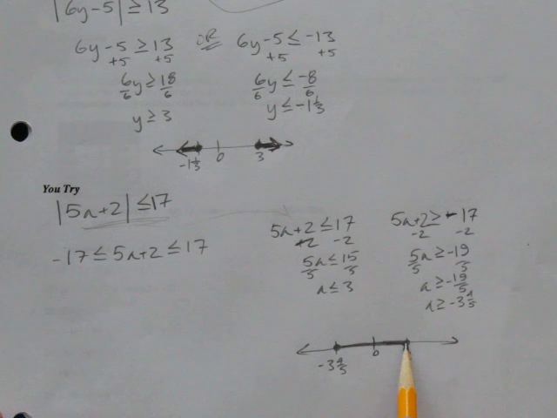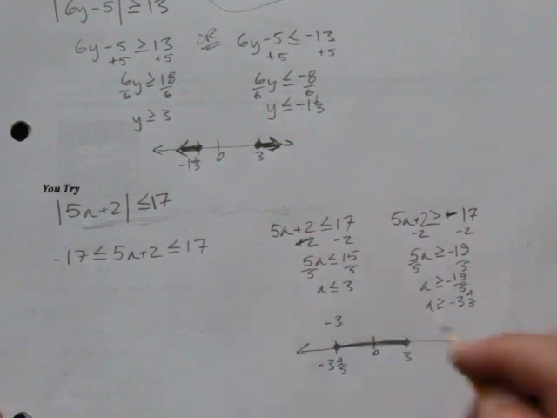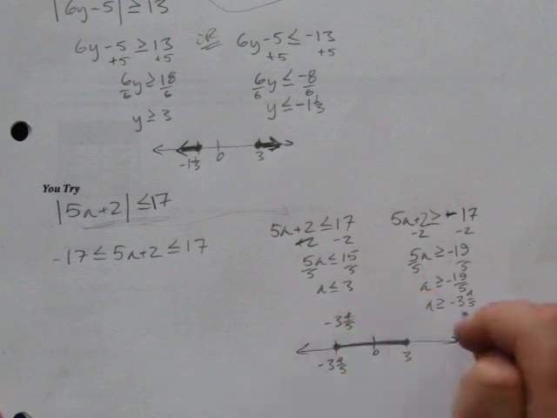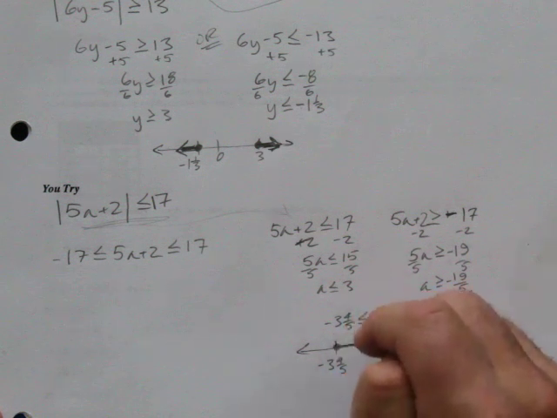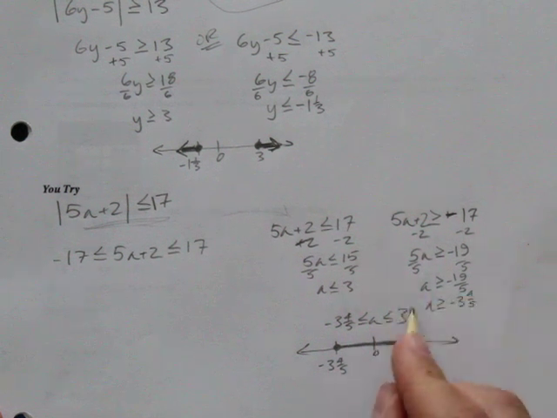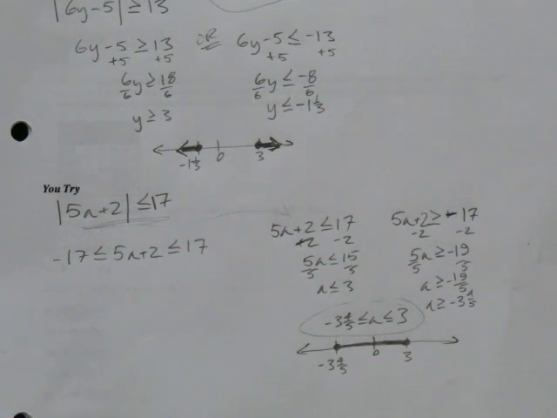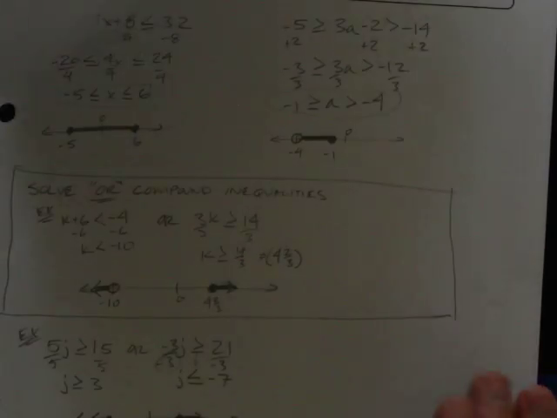Since now I know that they're AND, let's rewrite this as negative 3 and 4/5 is less than or equal to A, which is less than or equal to 3. So this is the right way to write this, and the graph is there. And that is the end of 1-6.